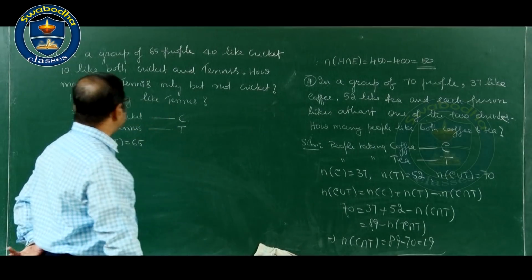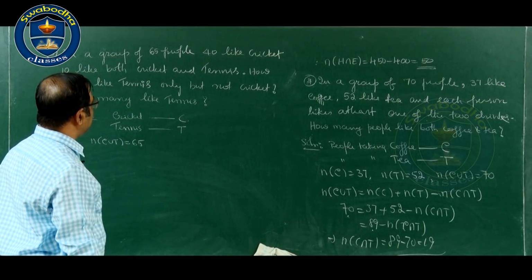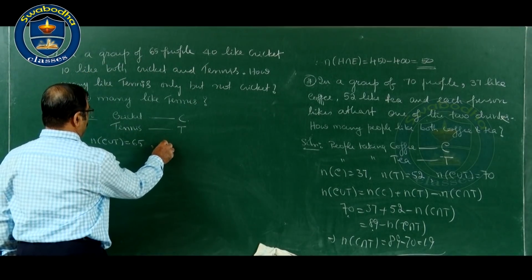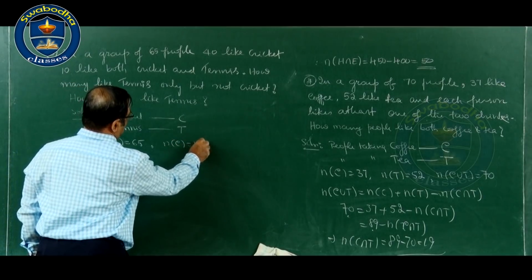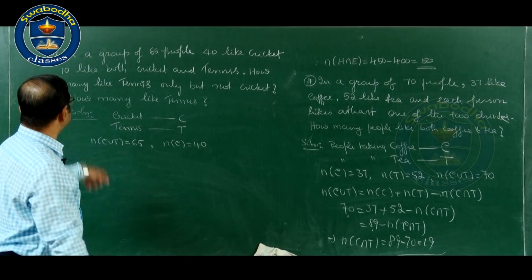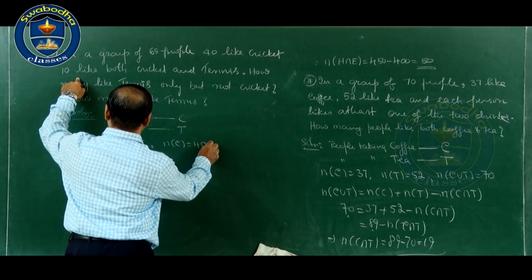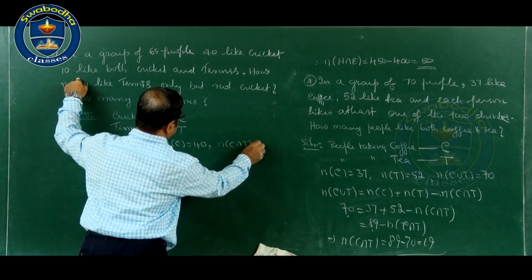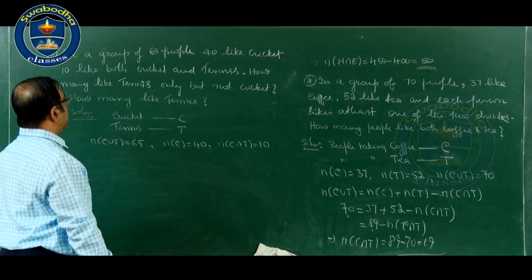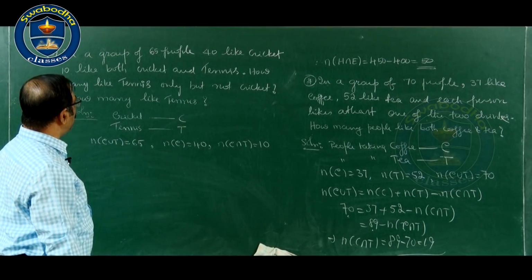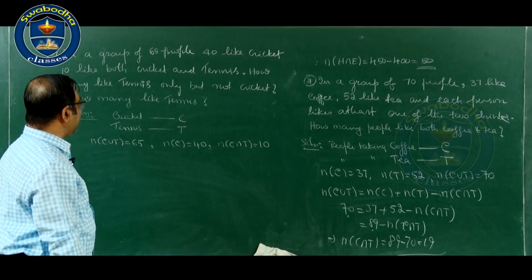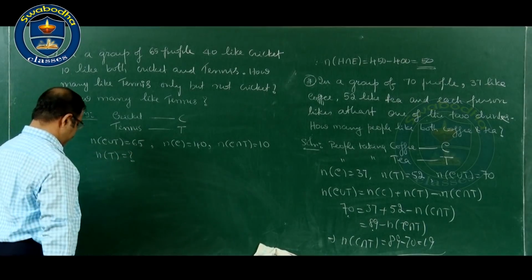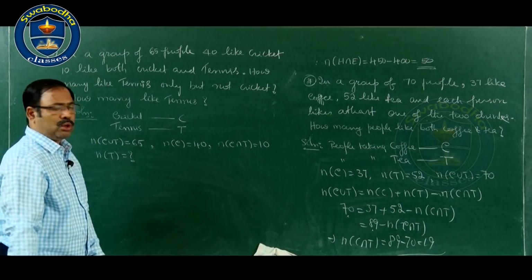Then 40 like cricket, so N of C is 40. 10 like both, N of C intersection T is 10. How many like tennis only but not cricket? How many like tennis? N of T is not known.